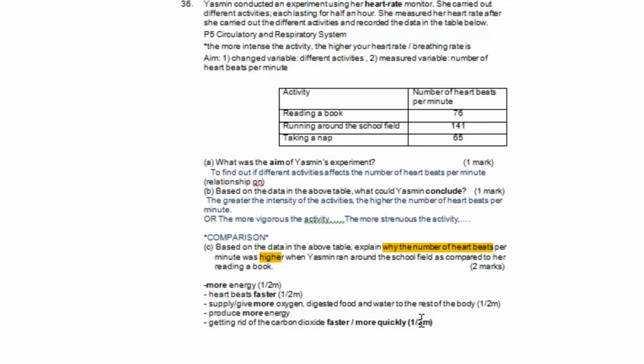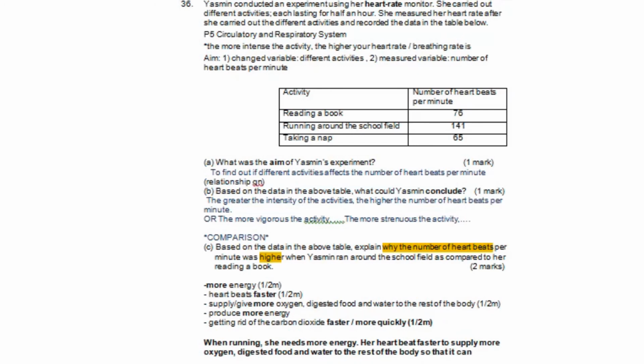Let me just write it down in a sentence in case you want to see it. So I can say, when running, she needs more energy, or her body needs more energy. Okay, doesn't matter. Her heartbeat faster to supply more oxygen, digested food, and water to the rest of the body, so that it can produce more energy.